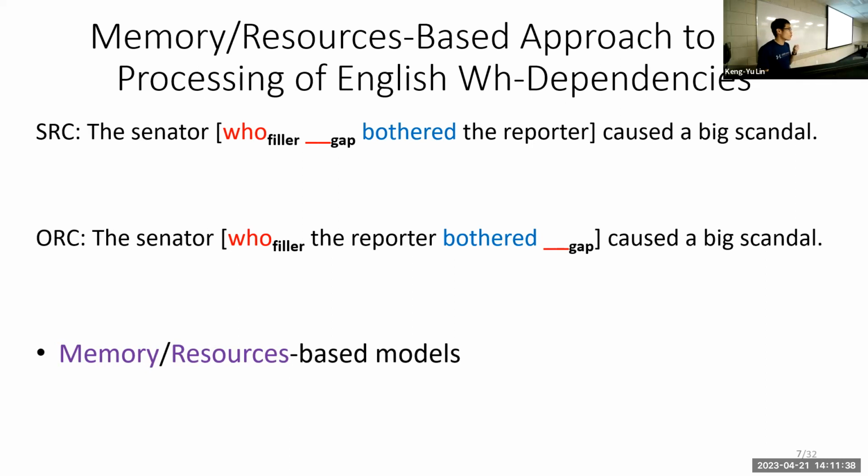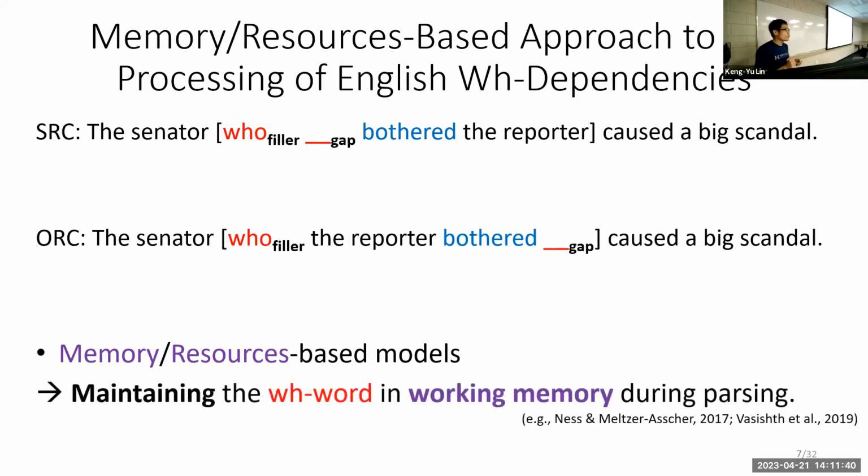According to memory-based models, when we encounter WH dependency sentences, in this case the relative clause, when we encounter the WH word, we have to keep it in our working memory during processing, right? Until the WH word can be integrated or associated with the target verb or the gap.